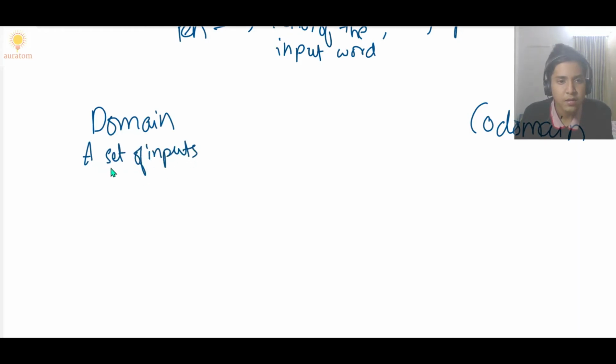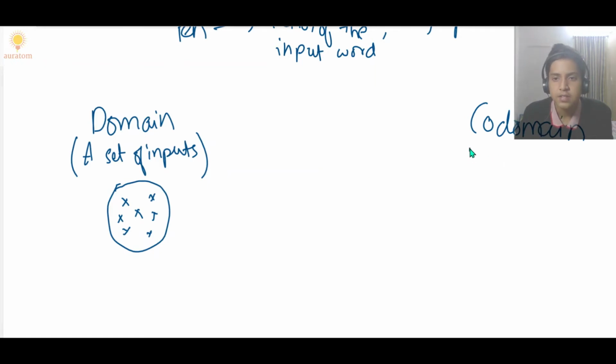Since it is a set, we can represent it with a circle, and let's say these x's are all inputs. The domain is a set of inputs, and the codomain is a set of outputs.